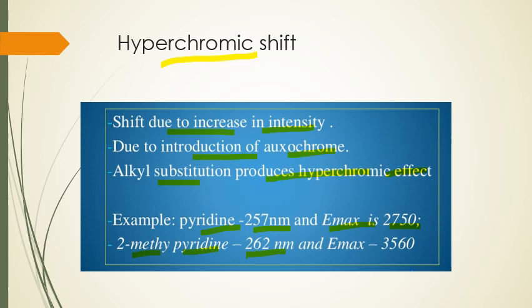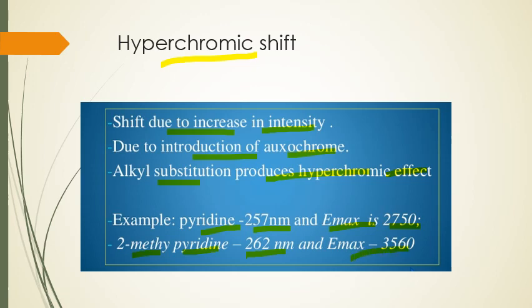Understood? So as we have seen, if the shifting occurs towards longer wavelength, it is the bathochromic shift. And if we see the intensity, the intensity of the 257 nanometer is 2750, and the 262 nanometer has the higher intensity, about 3560.